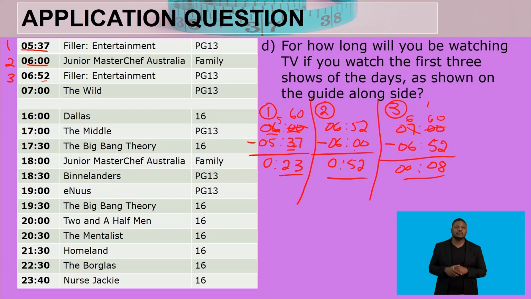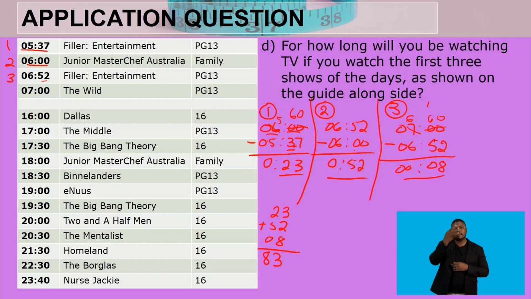Now we have to check how long you will be watching TV. So we have to add all the times. You will say 23 minutes plus 52 minutes plus 8 minutes. You can use your calculator to add. 23 plus 52 plus 8. I subtracted, so we're supposed to add, sorry about that. We are getting 83 minutes.